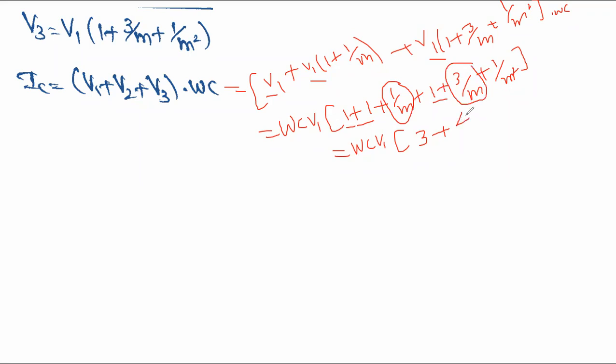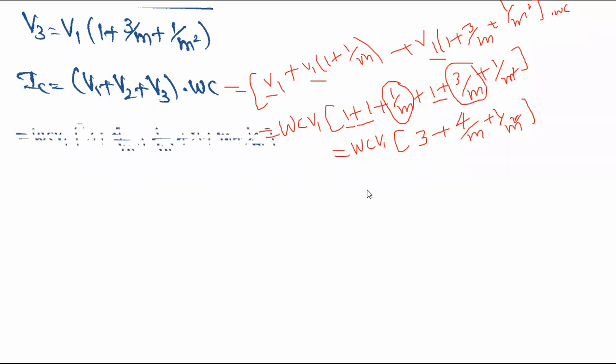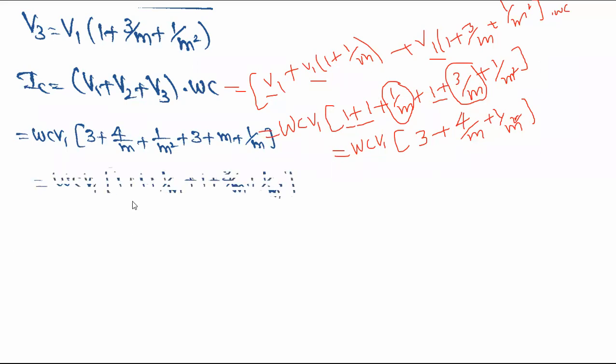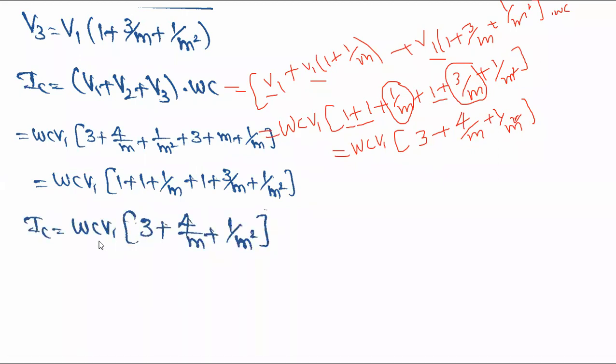Now adding, that is 4 by m plus 1 by m square. This is the value of IC. It is WC V1 into 3 plus 4 by m plus 1 by m square.